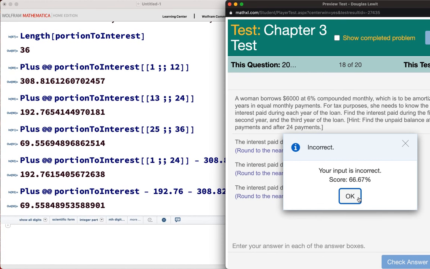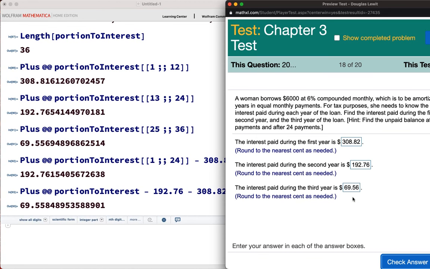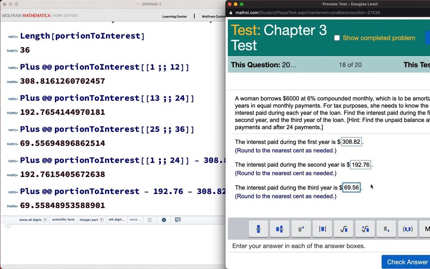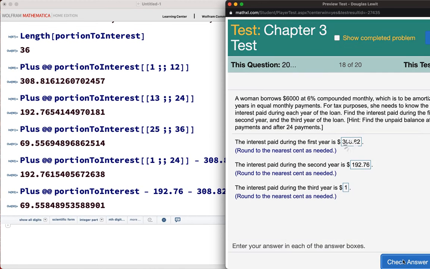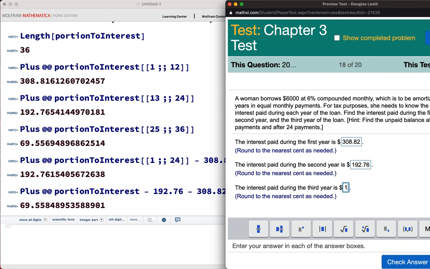Okay, so now it accepts two of my answers, but not the third answer, which is very strange to me. I wonder if it's not accepting this answer. Let me put down a ridiculous answer. Oh, so it did accept this answer, $69.56. Let me see if there's a problem with this answer.